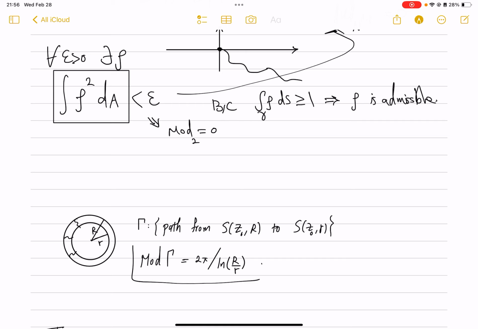So this is the precise calculation of the modulus of paths that join the outer circle of an annulus to the inner one. So consider all the paths in the plane which join this to that. You can also go outside and come back. That family has modulus precisely equal to 2 pi over log of R over r.